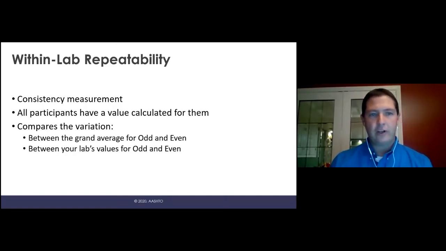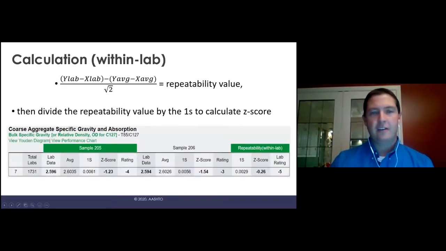So we are going to take a second here and go over the calculation. And here's what it looks like. You can see that we're simply looking at differences. The Y lab minus X lab, that's simply the even and odd data from your laboratory, the difference generated by the two of those, compared to the difference for the grand averages for the odd and even samples. We're looking at the difference between those differences, if that's the easiest way to say it.